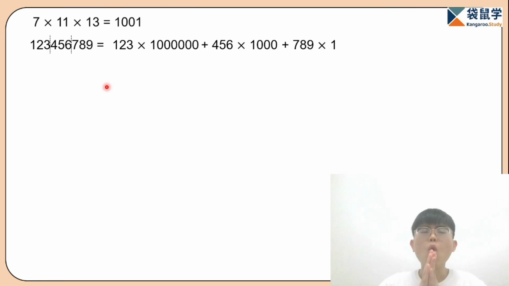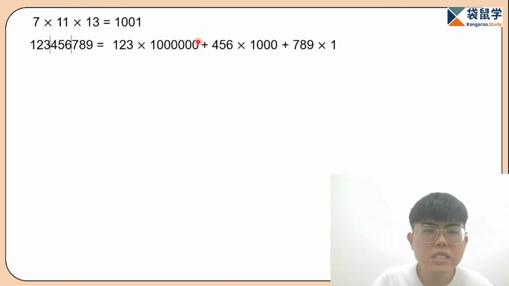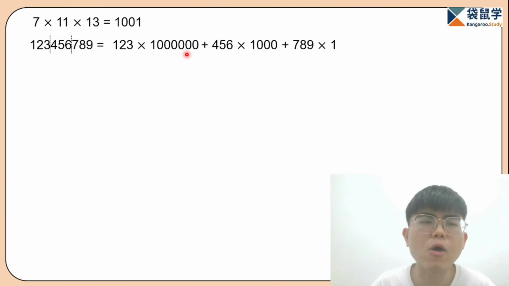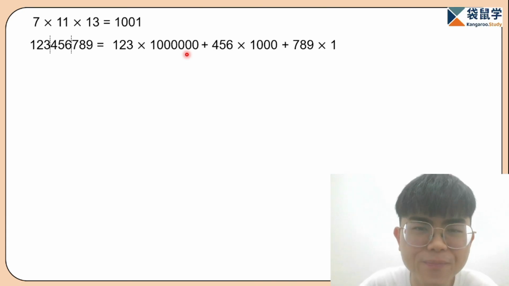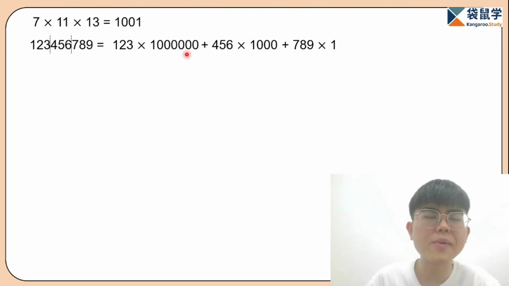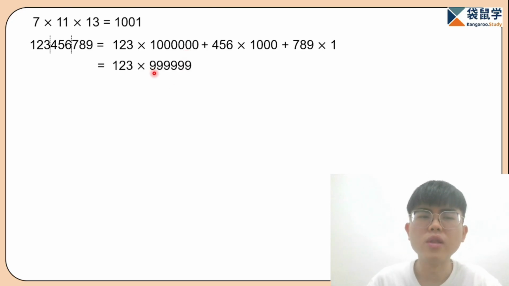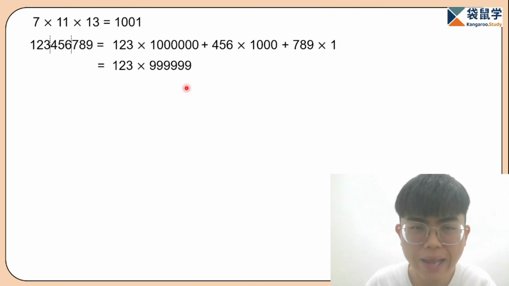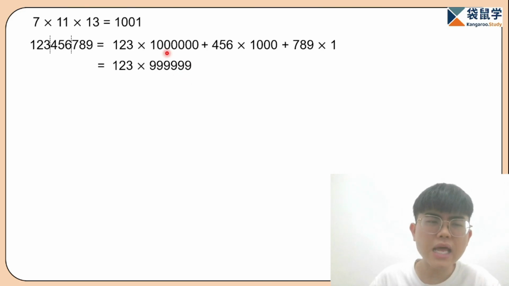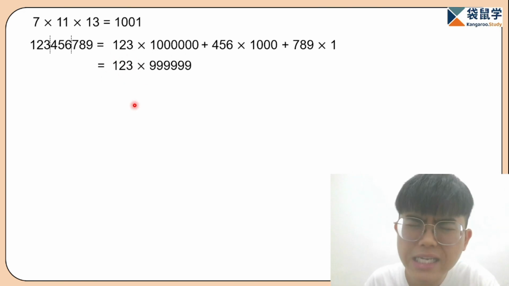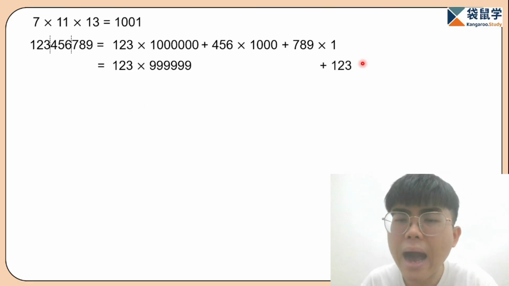The next thing we're going to do is change this into the closest multiple of 1001. What would it be? The closest multiple of 1001 is 999,999, six digits of 9. Then we can see that here we have one less of our 123, so we have to add it at the back.